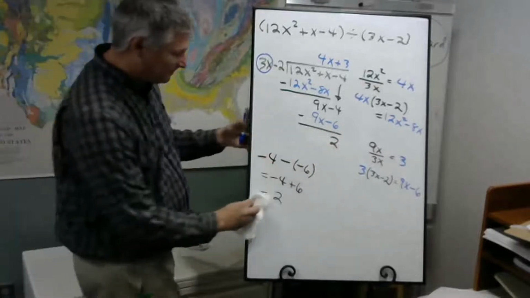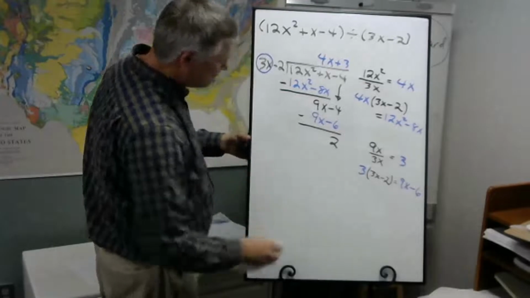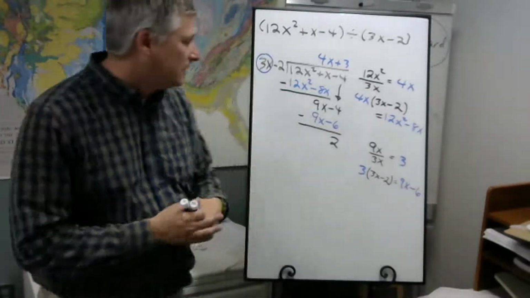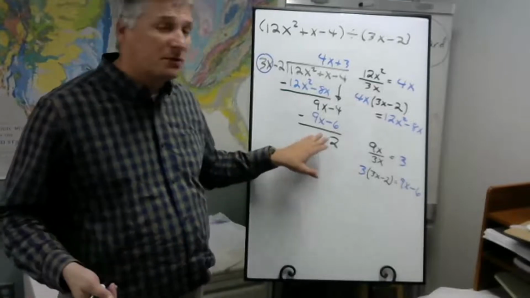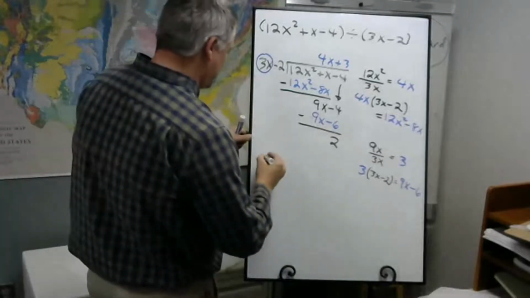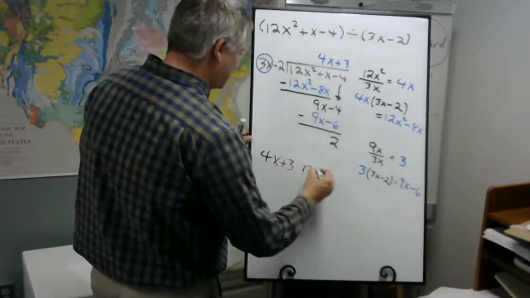All right. Now there's nothing else to bring down. And since this didn't turn out to be 0, this is a remainder. So the solution is 4x plus 3, remainder 2.